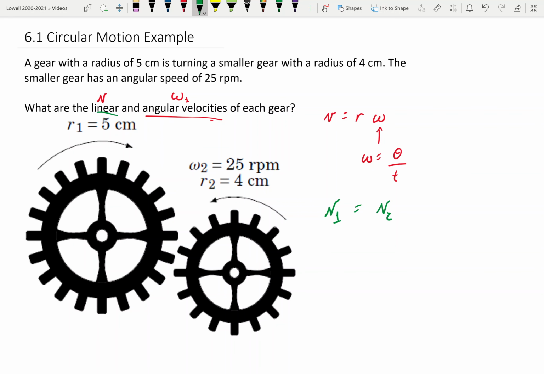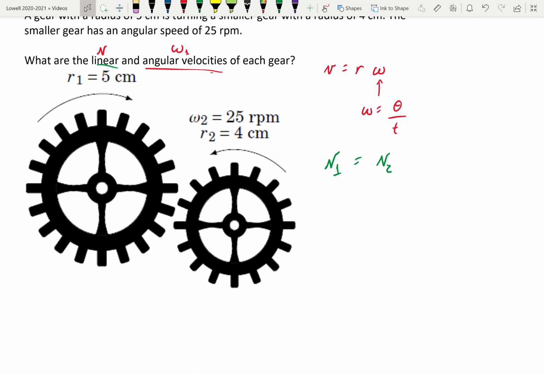Think about it this way. If these were just wheels instead of actual gears with teeth, this is some circle here. Pretend maybe you have a car on a treadmill, or you do this on a dyno when you're testing your car. If you have this circle and this circle, and one is spinning counterclockwise and the other clockwise, then they would be going the same speed because one would turn the other.